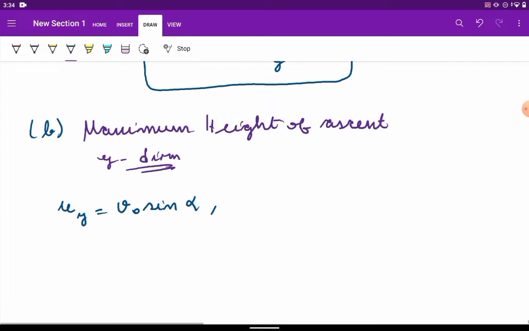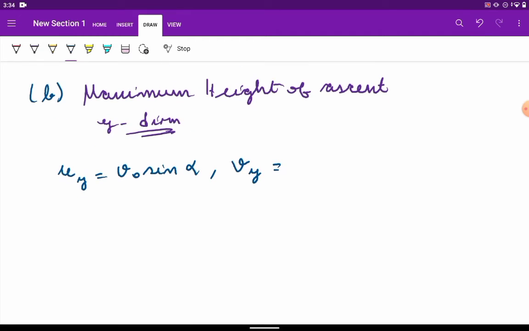Basically in this case your vy becomes what, at the maximum height of ascent? When would there be a maximum height? Think about it. When the body is not going any further in the upward direction, right? So basically when its upward velocity is 0, right?